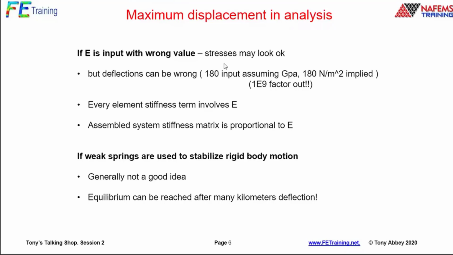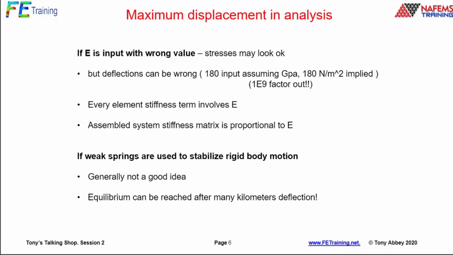And if you put Young's modulus in wrong, then you've got that stress level at a huge deflection. A typical thing is if we use gigapascals, thinking of European units for a moment. If you think that input box in your preprocessor is demanding the input in gigapascals for Young's modulus for steel, so you put in 180, in fact it's requiring fundamental units. You've implied 180 newtons per meter squared, and it's actually 1e9 that is required. So you're out by a factor of 1e9.